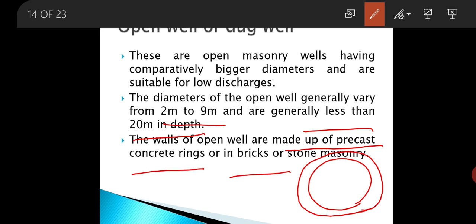The thickness of the wall is between 0.5 and 0.75 meter. The yield of an open well is limited because such wells can be excavated only to a limited depth where the groundwater storage is also limited.